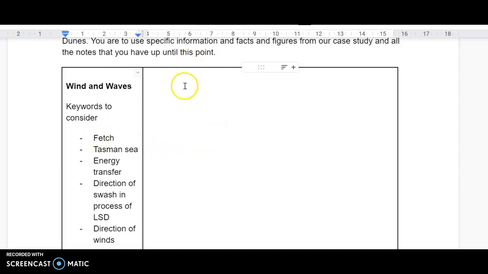So what is the fetch? Describe the fetch. What is happening there? Here's a key word, Tasman Sea. It links it to our case study. Energy transfer, direction of swash in the process of LSD, and the direction of the winds. Those are keywords or just prompting points for you to look into.